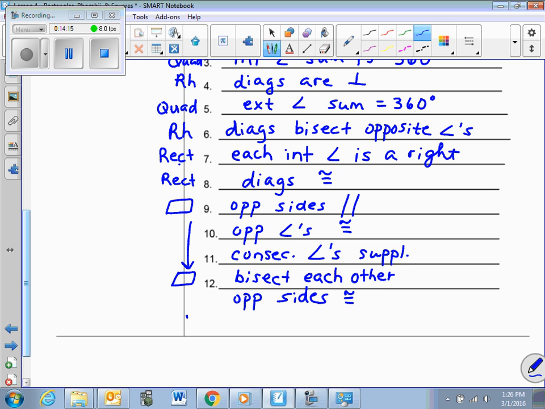And lastly, we know that a square is a regular quadrilateral, right? Because what does regular mean? It means it's equilateral and equiangular.